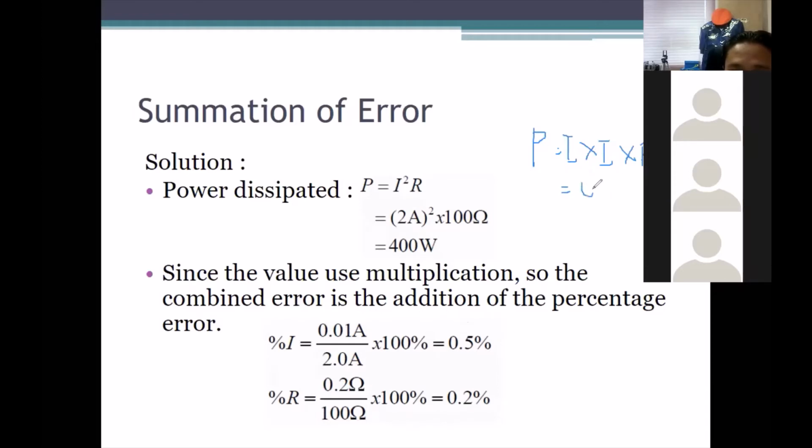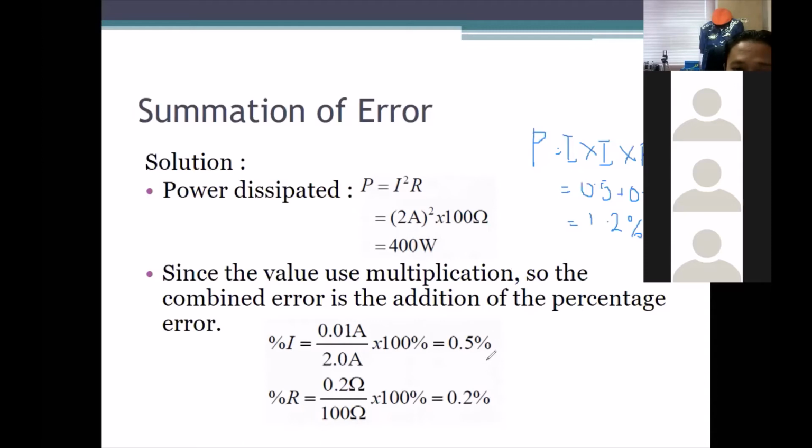That means 0.5 plus 0.5 plus 0.2. So the limiting error for the power will be 1.2%. That's why the answer will be 400 plus minus 1.2%.